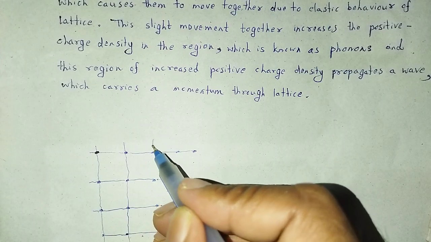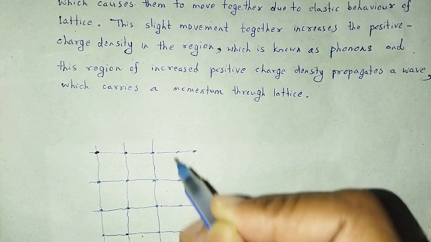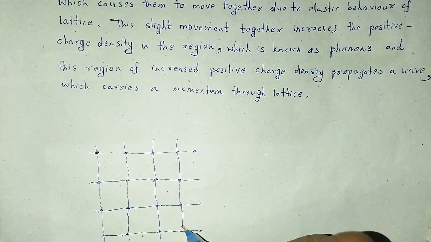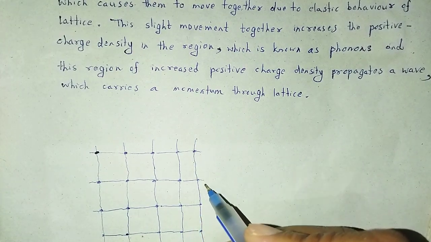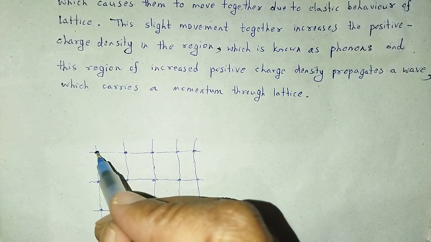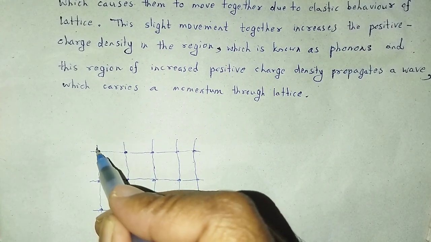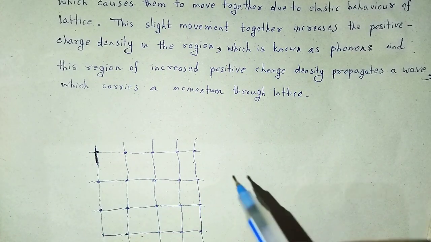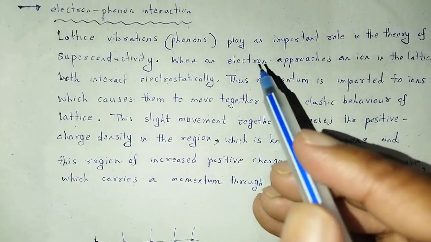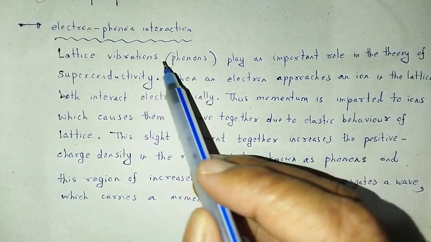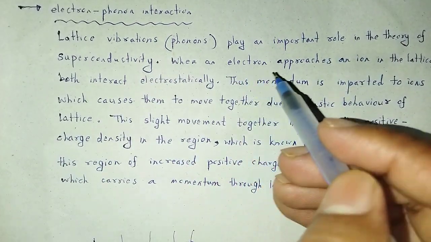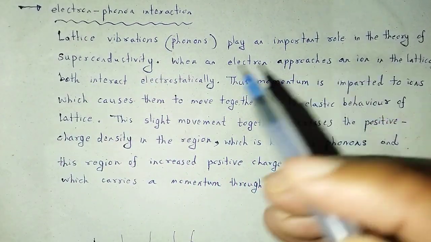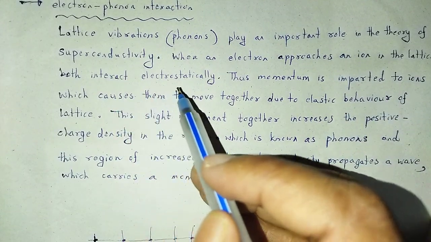These are the positive ions on the lattice points, and they vibrate about their mean positions. So lattice vibrations play an important role in the theory of superconductivity.